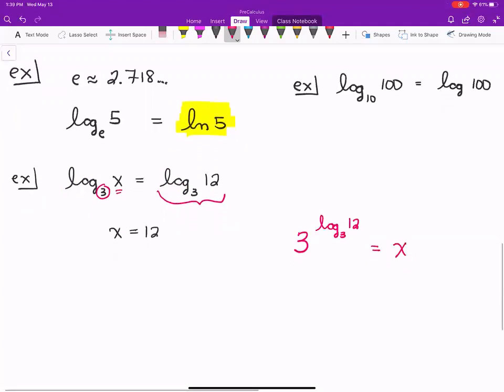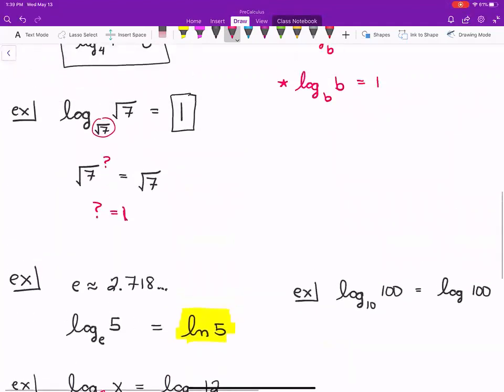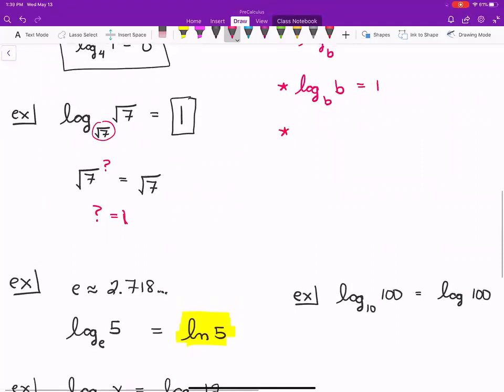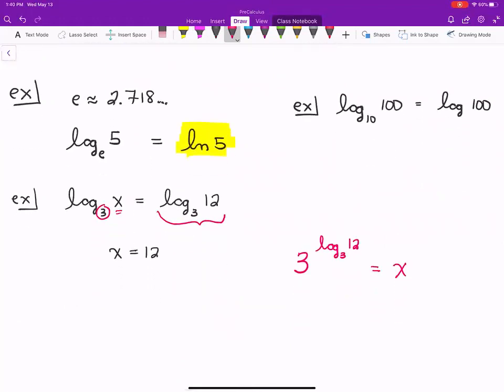And there's another property that says that, I'll put it up here. There's another property that says that if you ever have a number raised to an exponent that is a log with the same base, then that will always just be equal to whatever's inside of that log. So a number, like in this case down here, 3 raised to a log with a base of 3, that will all just be equal to 12. Because it's almost like these things cancel out and you're just left with the 12.